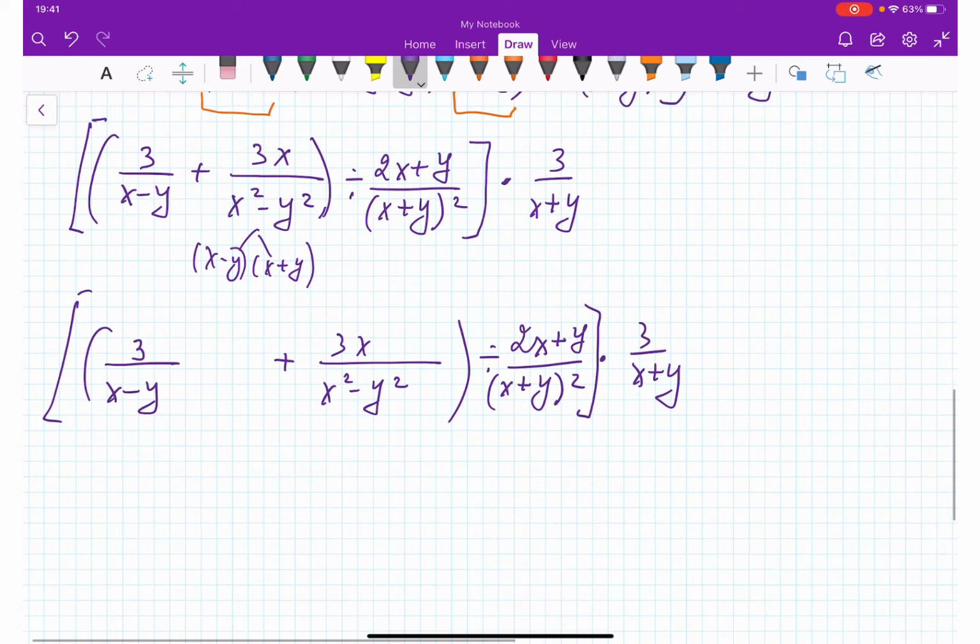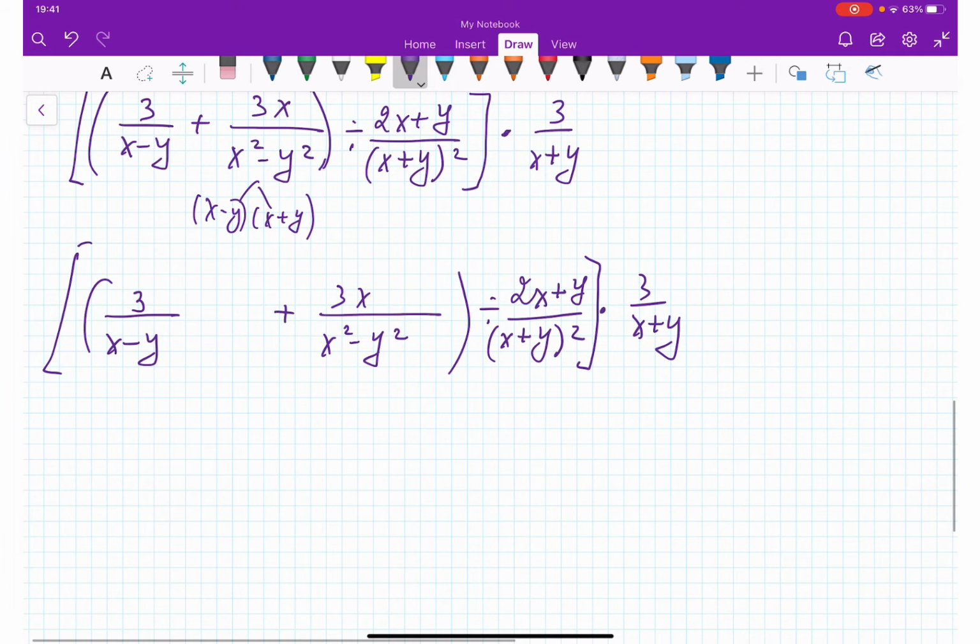Okay, we are going to bring to common denominator. Common denominator is going to be x squared minus y squared, right? Which means here we need to multiply by x plus y, because we have x minus y, but we need the x plus y. Therefore, here also x plus y. Second fraction, we are not going to touch it because we have full denominator.